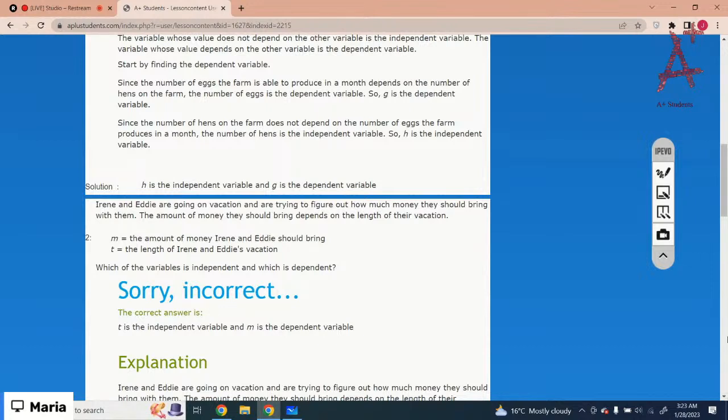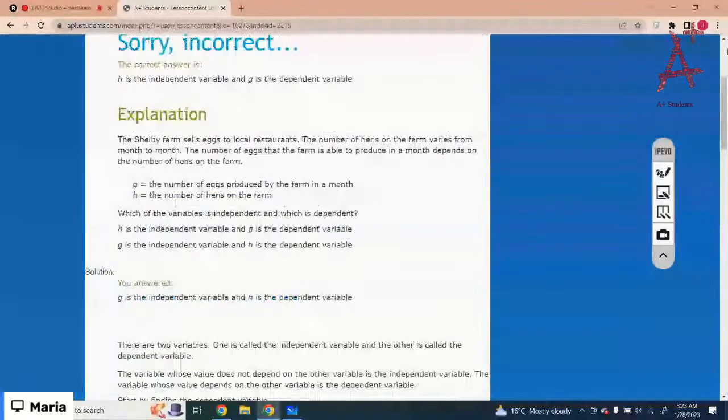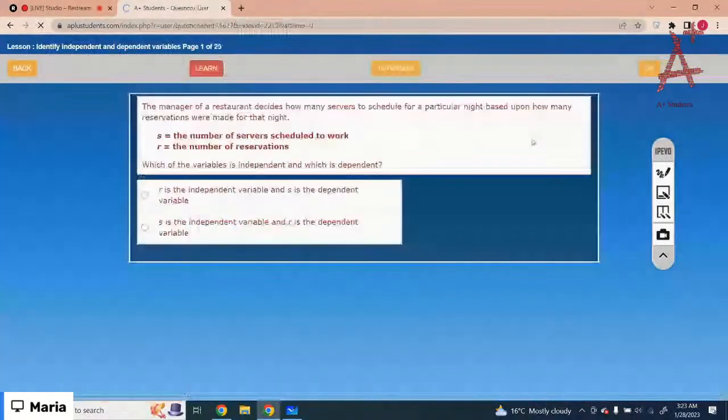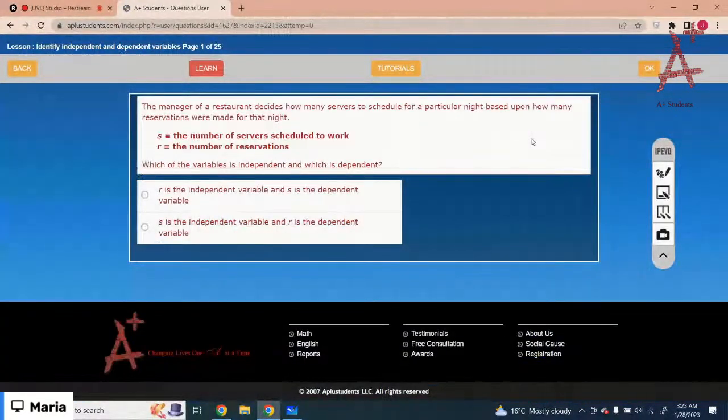Let's start with the test questions. The manager of a restaurant decides how many servers to schedule for a particular night based upon how many reservations were made for that night. S equals the number of servers scheduled to work, and R is the number of reservations.